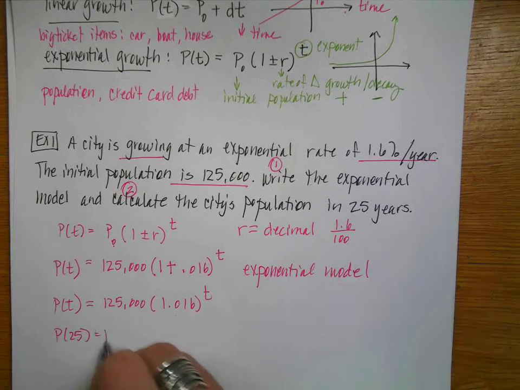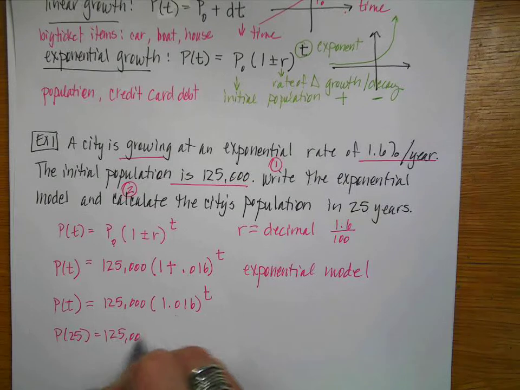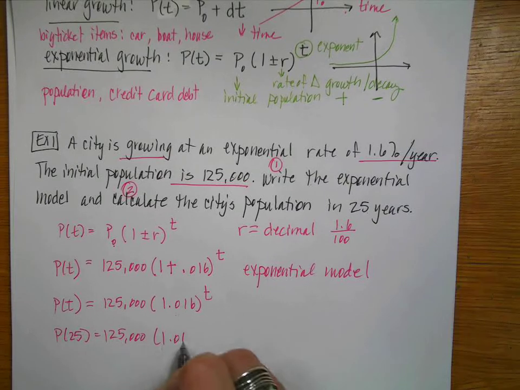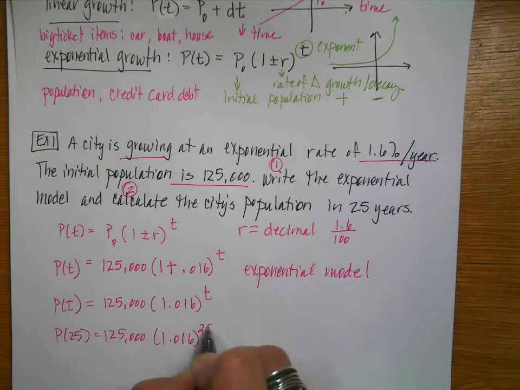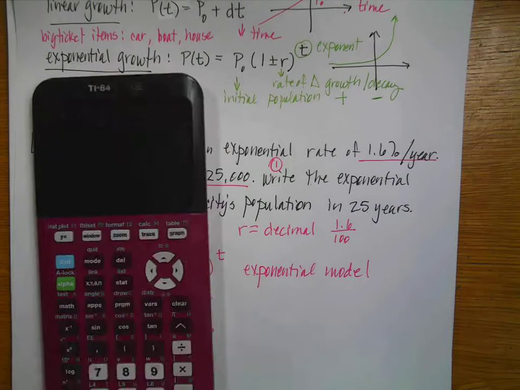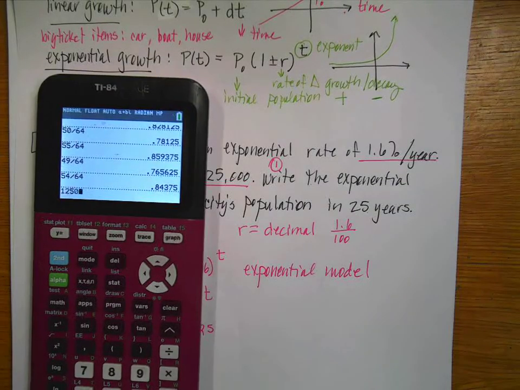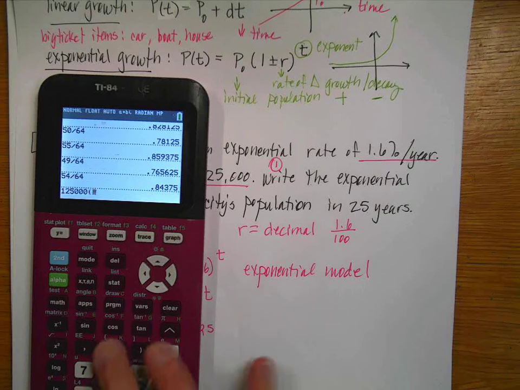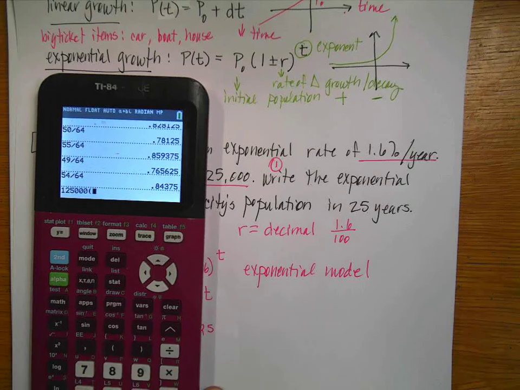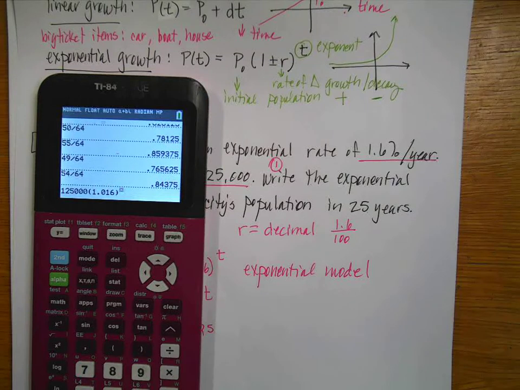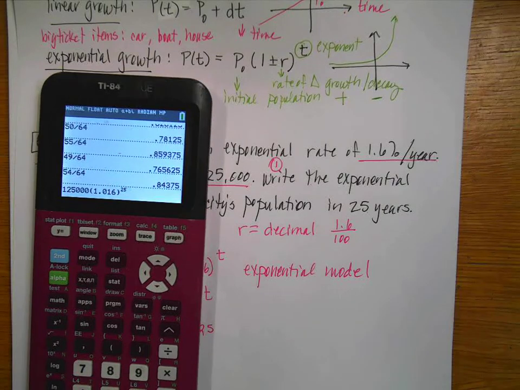And now I want to predict what happens in 25 years. So P of 25 is going to be the 125,000 times the 1.016 raised to the 25. So if I get out my handy-dandy calculator and show you that calculation, I'm going to do 125,000 and then times 1.016, and then I'm going to raise it to 25.